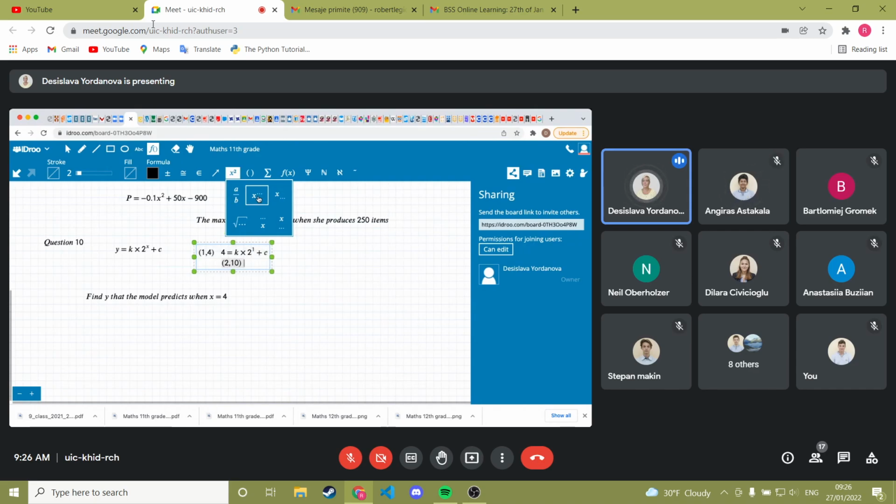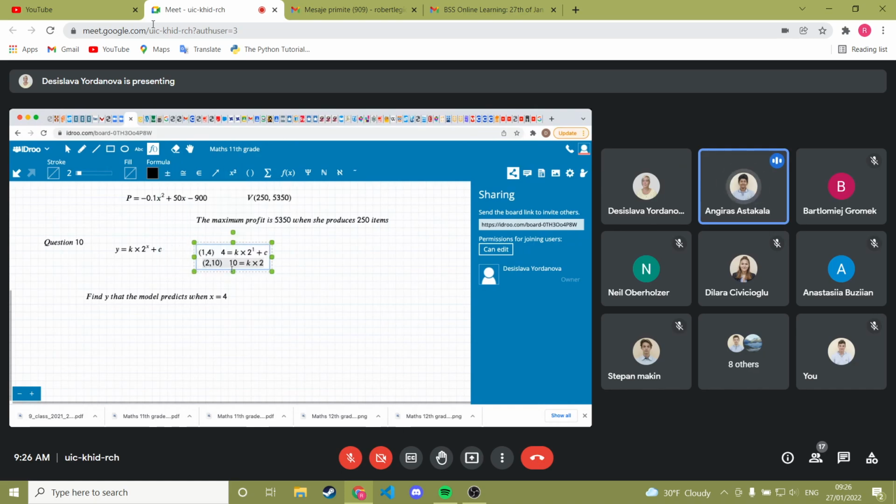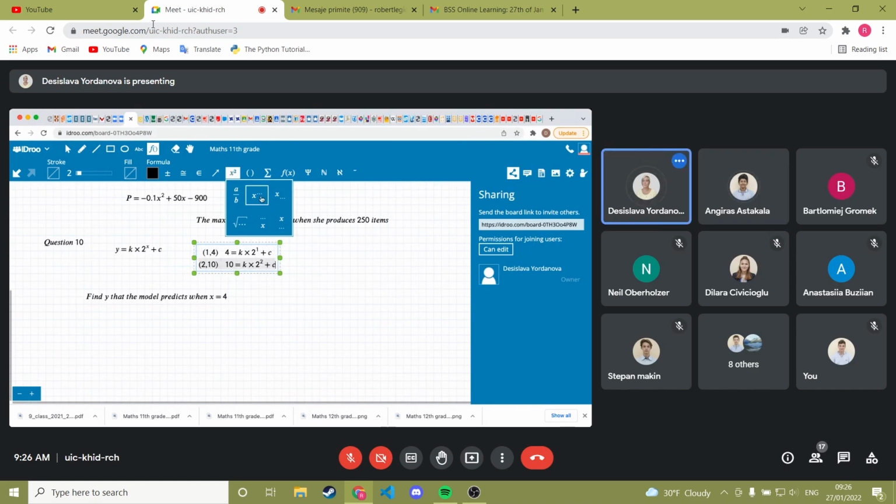For the next one, 10 is equal to k times 2 to the power of 2 plus c. Yeah, it's a simple simultaneous equation.